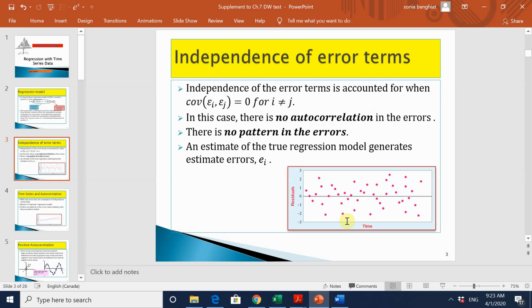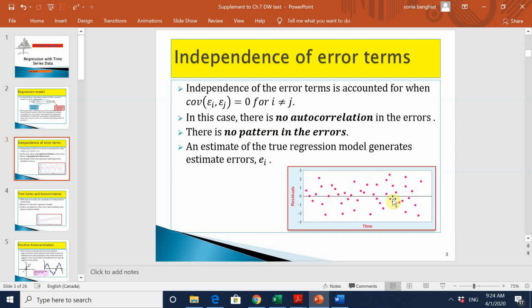So in regression analysis, it is assumed that the error terms are independent or uncorrelated. And hence we have this property that the covariance between two consecutive error terms will have a value of 0. And so we see no autocorrelation in the errors, no patterns in the errors, and this is what a time plot of the residuals should look like, exhibiting some property of randomness.